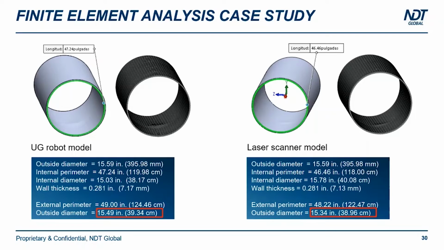From the very beginning, just checking these calculations, we know that they're pretty much exactly the same. So we have 15.49 inches as an example for outside diameter calculated by the UG tool, and 15.34 inches calculated by laser scan.